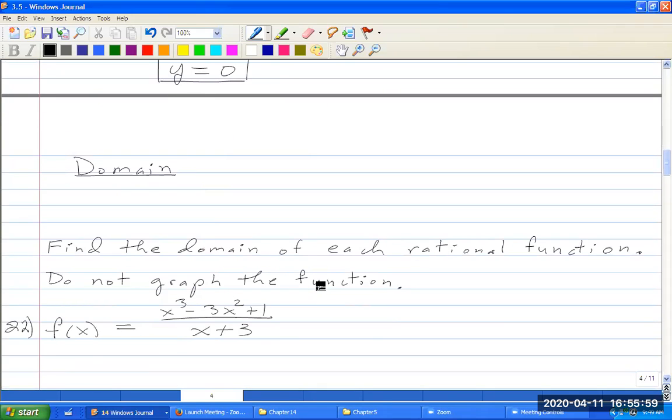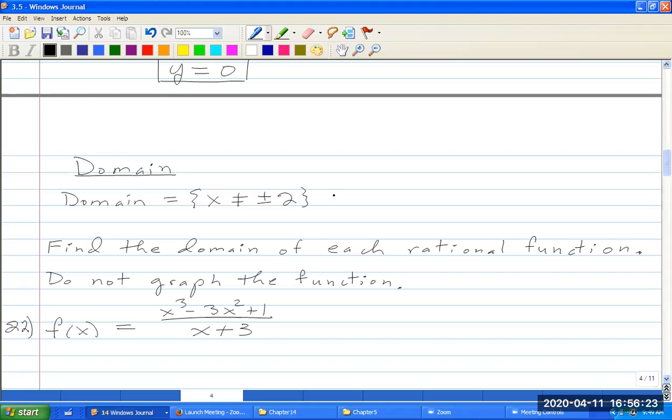So the domain of my function is the set of all x not equal to ±2.